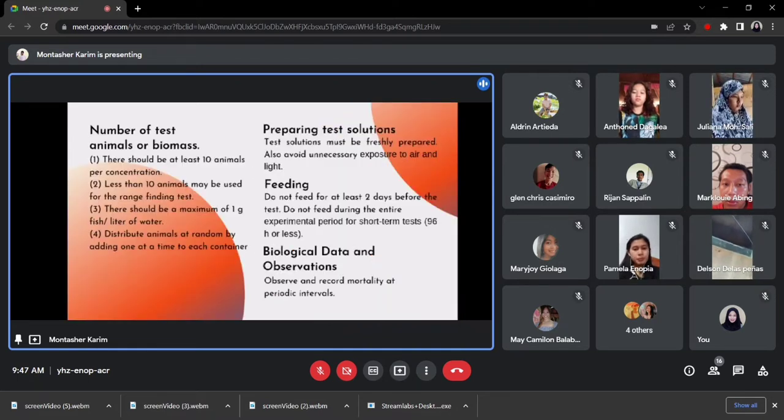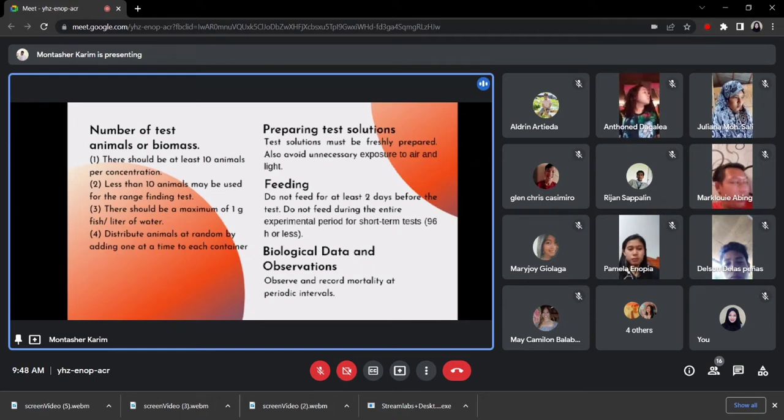And let's proceed to the number of test animals or biomass. Number one, there should be at least 10 animals per concentration. Number two, less than 10 animals may be used for the range finding test. Three, there should be a maximum of 1 gram fish per liter of water.